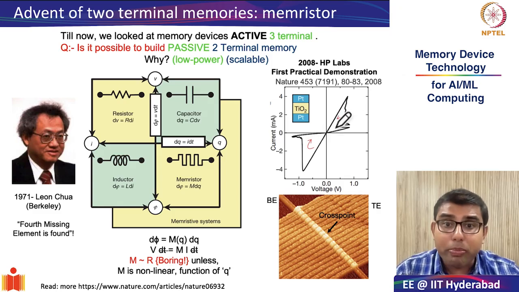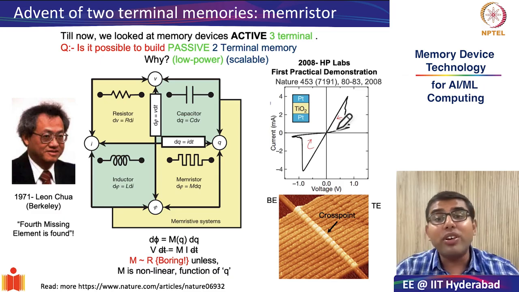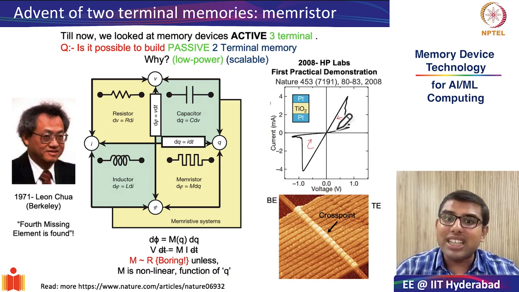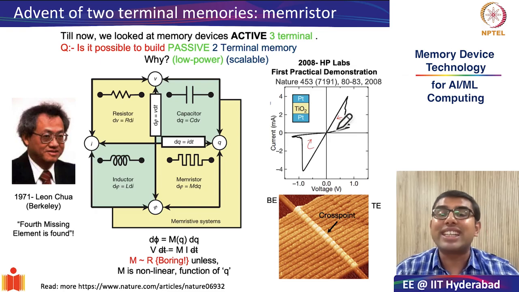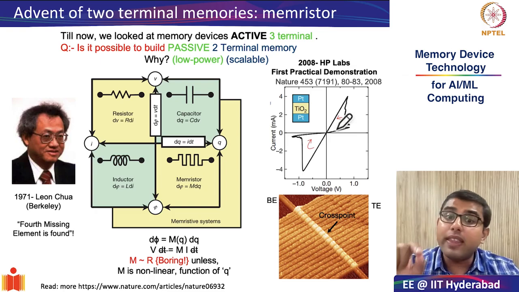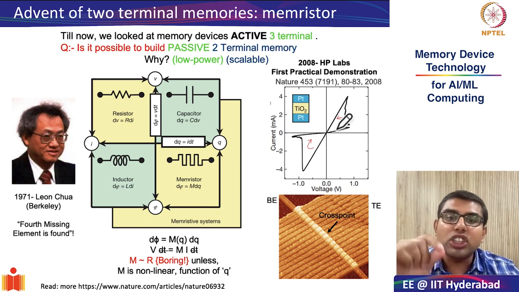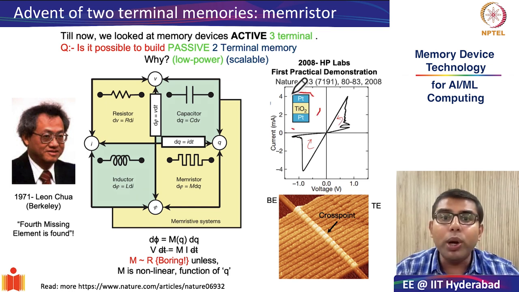As you can see, this memristive element shows hysteresis. Remember from our study of SRAM, whenever you start seeing hysteresis, you should know that there is a possibility that this element can behave like a memory, and this is what we saw in a simple two-terminal passive element.